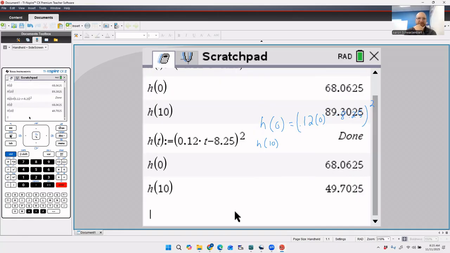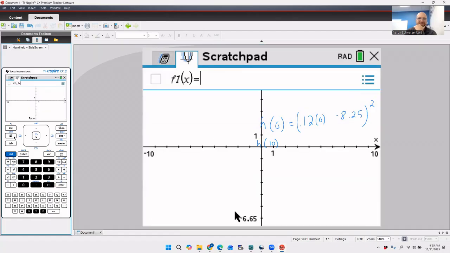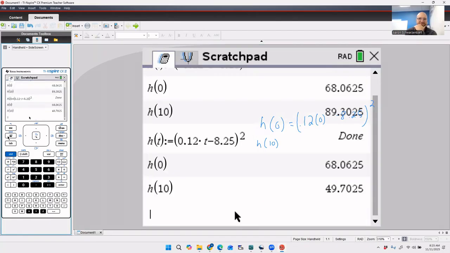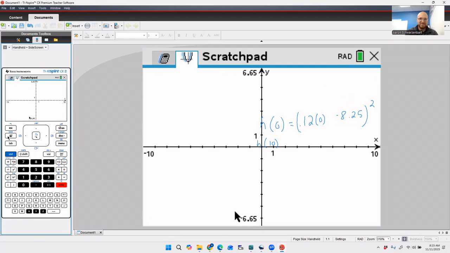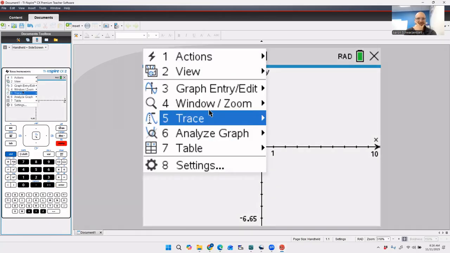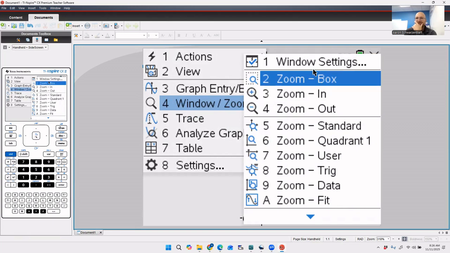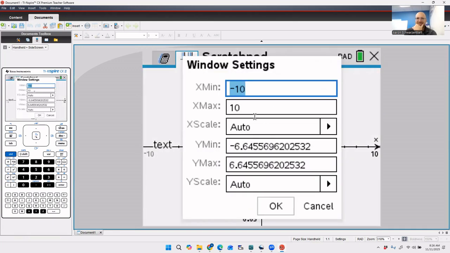Okay. Now if I want to graph it, and it doesn't look like it's going down fast enough to be on here, I'll adjust my window. I know I started at like 75. Let's go to like 30. I don't know how far.